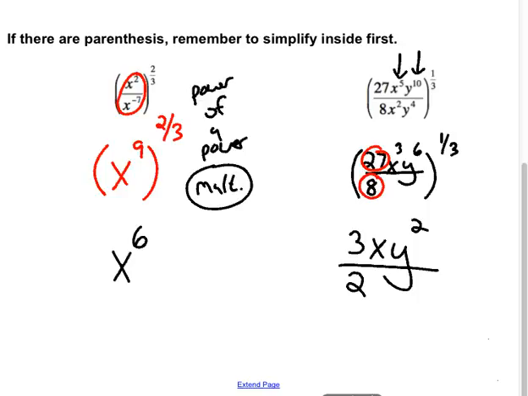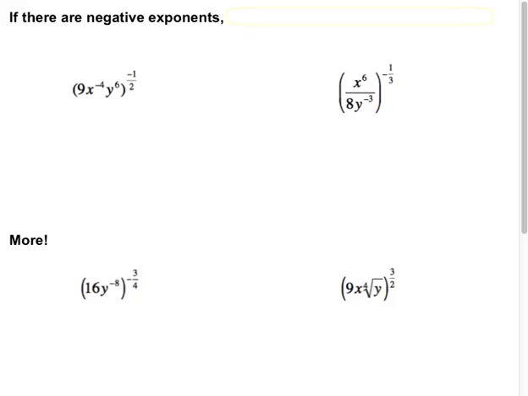All right, so let's keep moving forward. Let's move into the next set. So remember negative exponents. Remember what that means. So that means that whatever you're dealing with is going to end up flipping location. All right, so let's take a look at how these are going to operate.